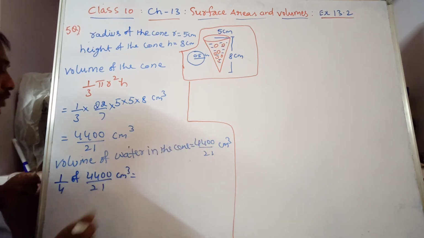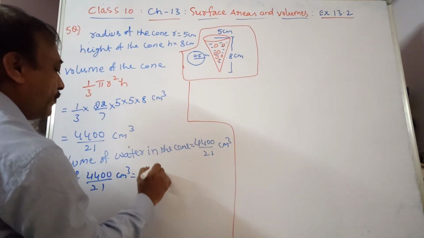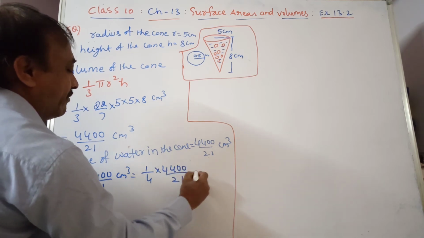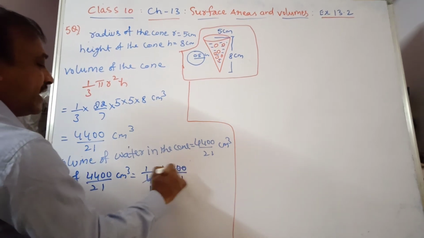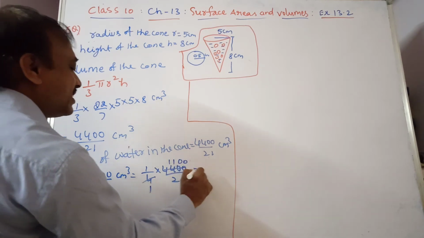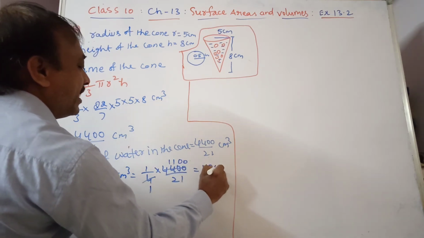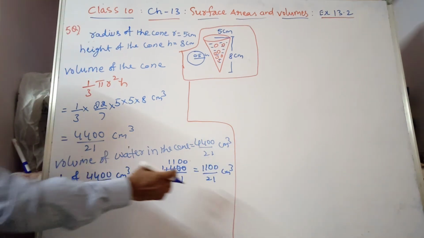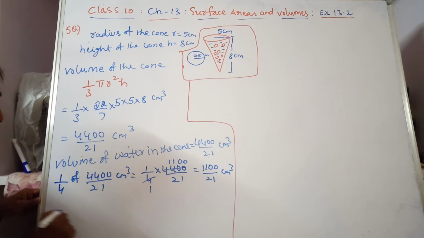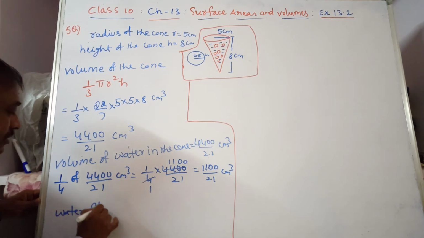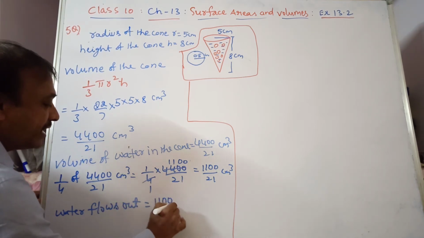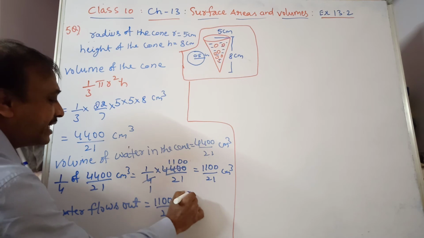So 1 by 4 into 4,400 by 21 gives 4 ones are 4, 11 0 0, which is equal to 1,100 by 21 centimeter cube of water. This much water flows out.